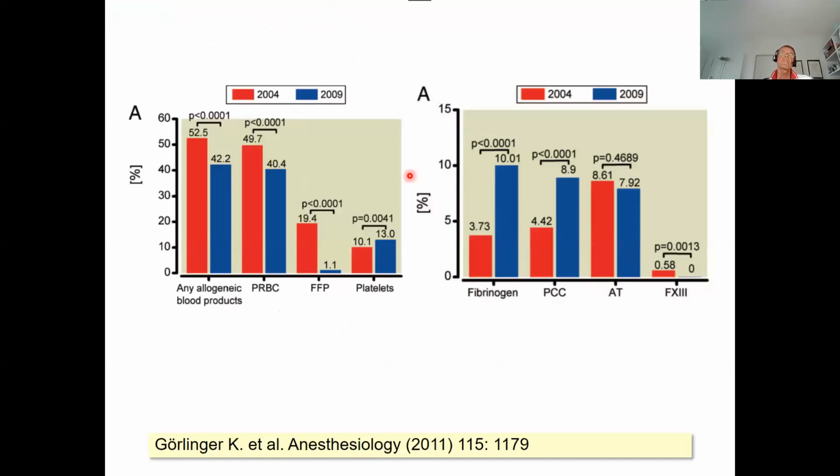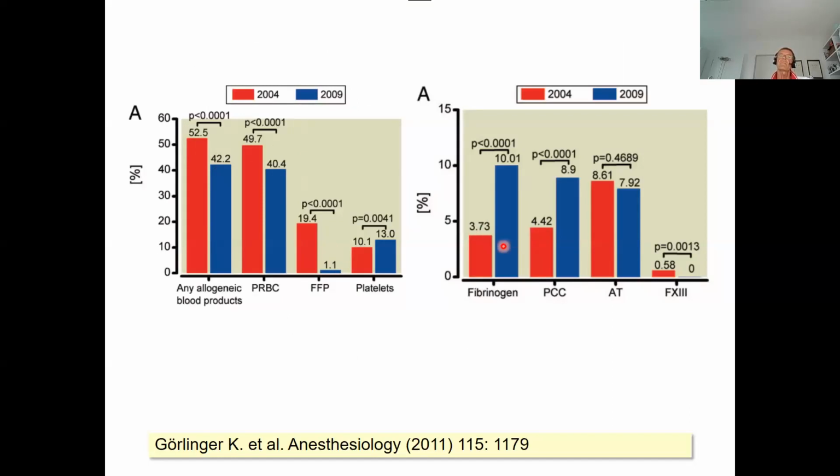And here you can see that the blue is the active period where they did ROTEM and they had the algorithm. So any allogeneic blood products were reduced, RBCs were reduced, FFP tremendously. You see again, nearly no FFP given anymore, which results in the conclusion that FFP is really not necessary.